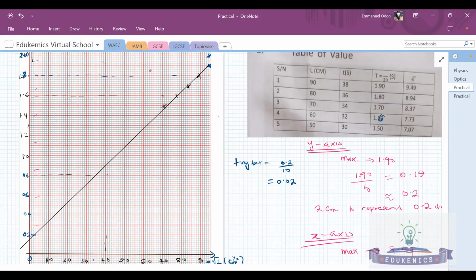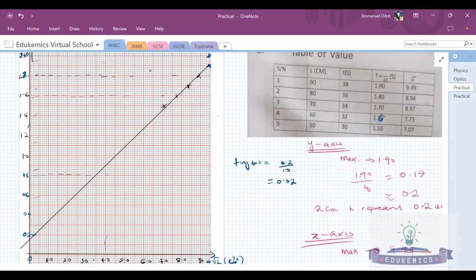Choose your scale. Looking for the best point. Okay. Let me pick this point.